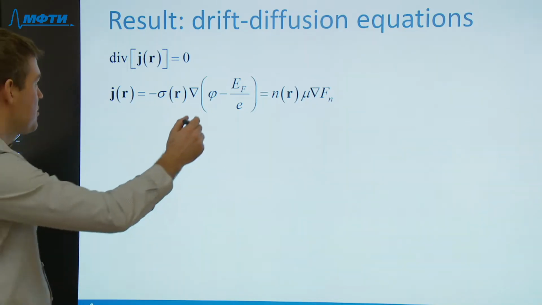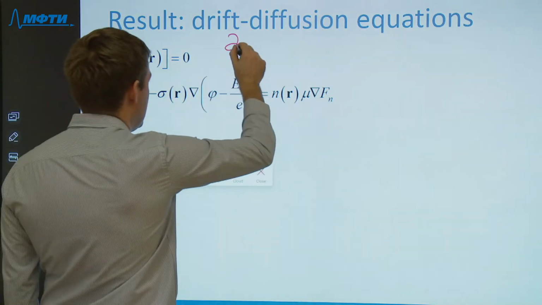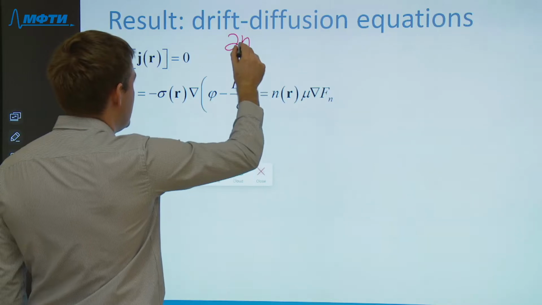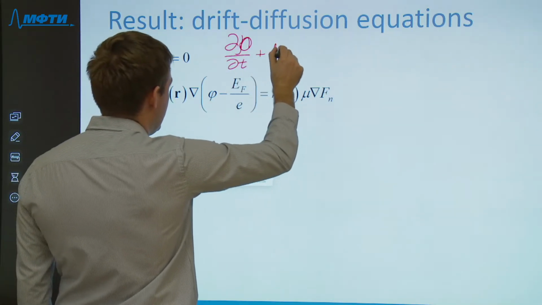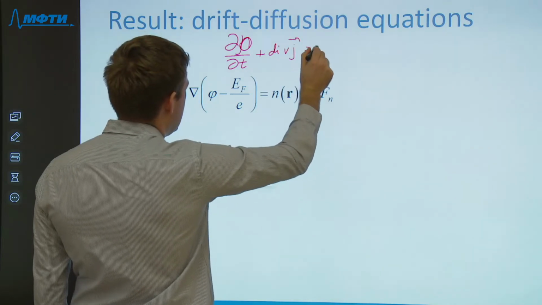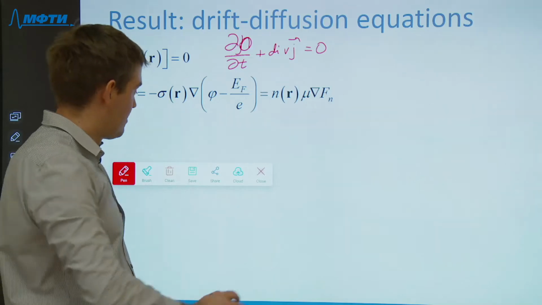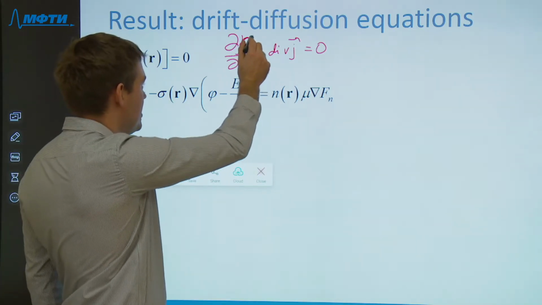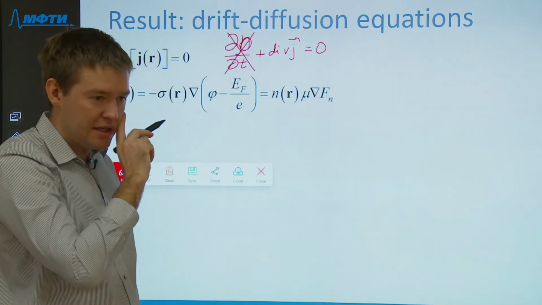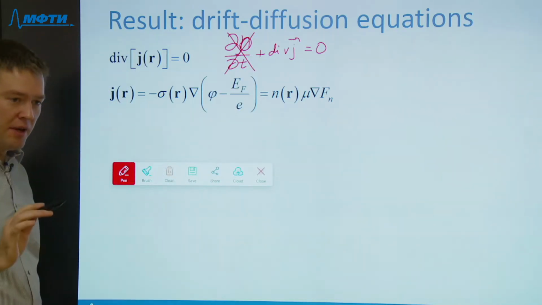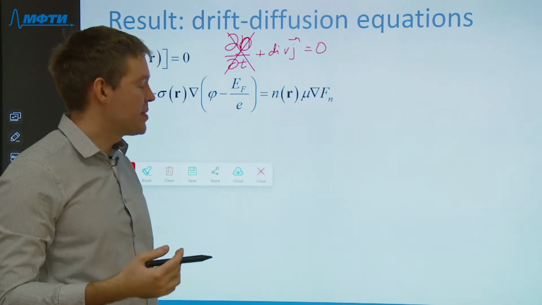The continuity equation in most general form reads as the derivative of charge density with respect to time plus divergence of electric current is 0, but for a while we will consider steady-state problems, when the derivatives with respect to time can be neglected. So we will consider for the first time the steady-state transport in semiconductors.